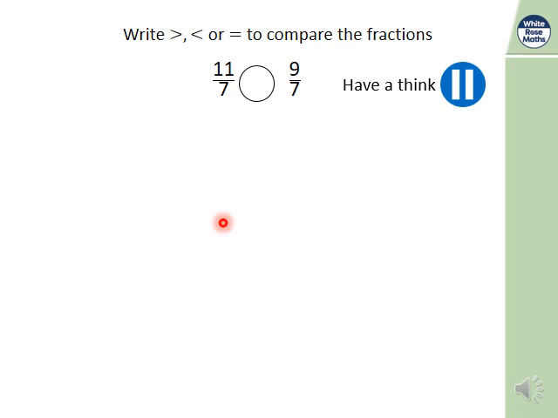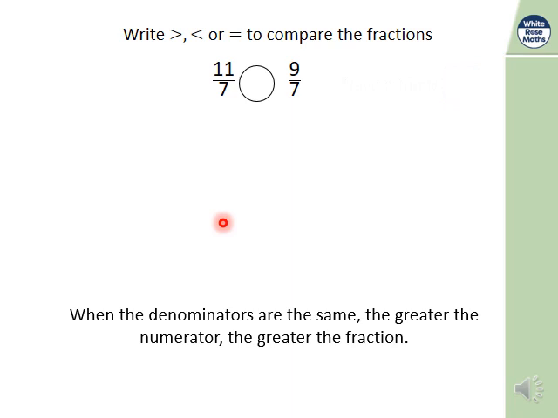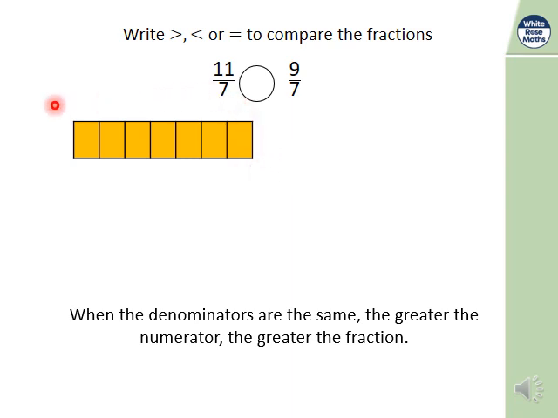Let's have a look and see. Well, we could have remembered the rule: when the denominators are the same, the greater the numerator, the greater the fraction. We could have also drawn ourselves some fraction bars. We've got 1, 2, 3, 4, 5, 6, 7 parts to the fraction bar. So we've got our 7ths, and all of this fraction bar is shaded.